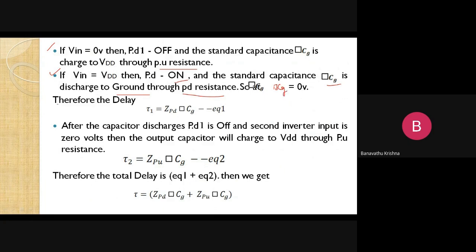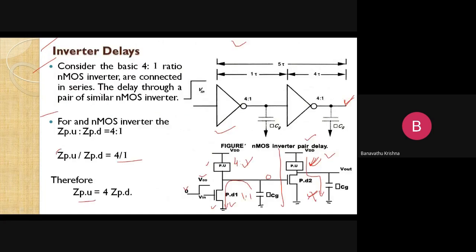So the delay for the first case, that is V input is VDD, then tau 1 is nothing but Z pull down into square CG. This is equation number 1. Why am I forming this equation? When the input voltage is VDD, the pull down 1 is going to be on, and the capacitor discharges to ground through this pull down transistor.